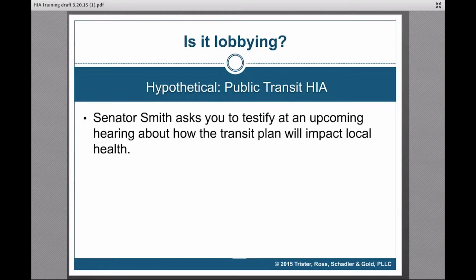So we have another question. This is a question about when does a plan rise to the level of legislation? And there's a very complicated situation here by the County Transportation Commission.